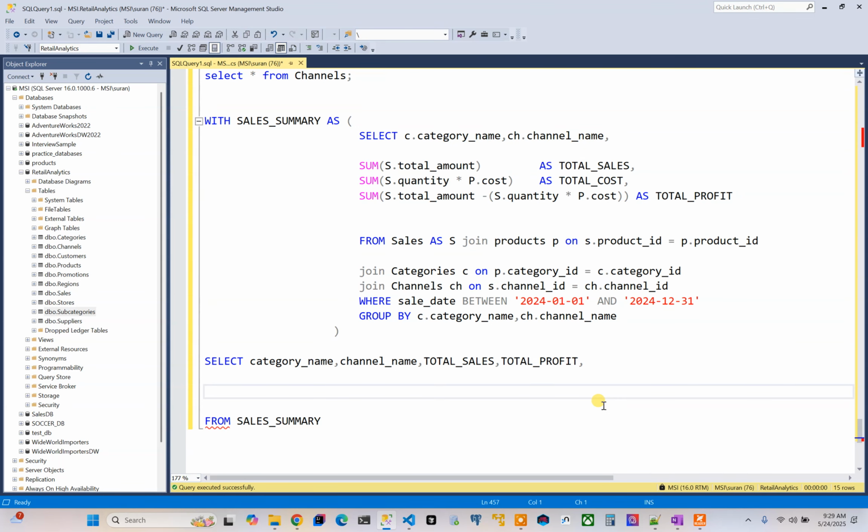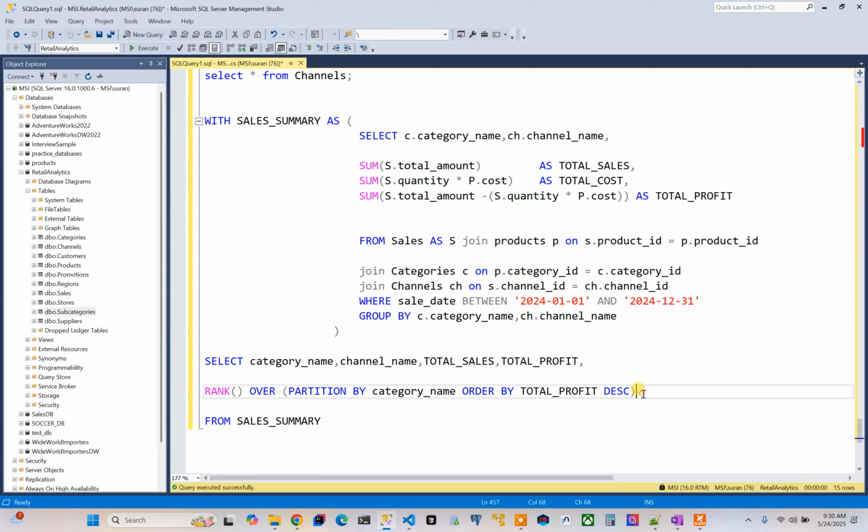Okay, now main thing will come, I will use a rank function over partition by. Here partition I want based on the product category name in sales channel. So I will give partition by category name ordered by profit. And I will put it in descending order.